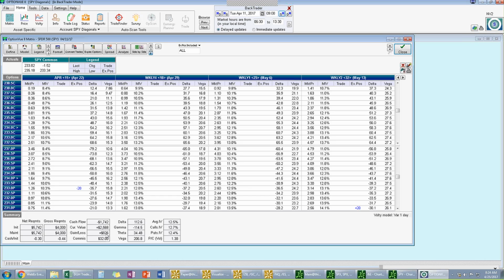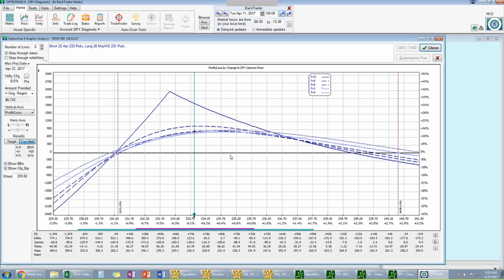So that was a very quick turn on 4,000 of margin, and it looks like this. Now, I have learned over the years, as I'm sure most of you have, you don't want to think that you can get this curve up here, because this is so volatility sensitive.